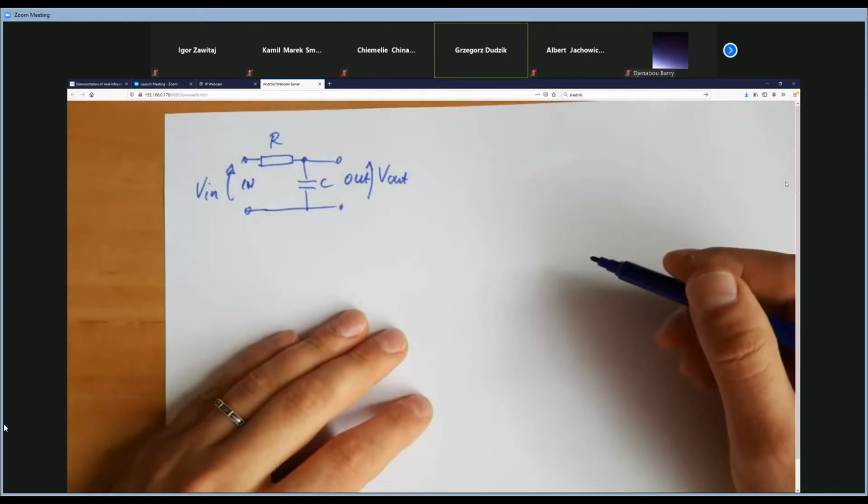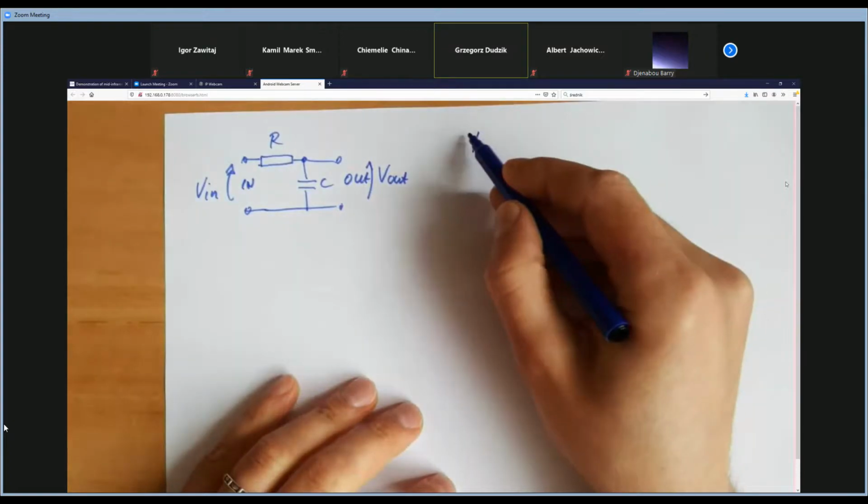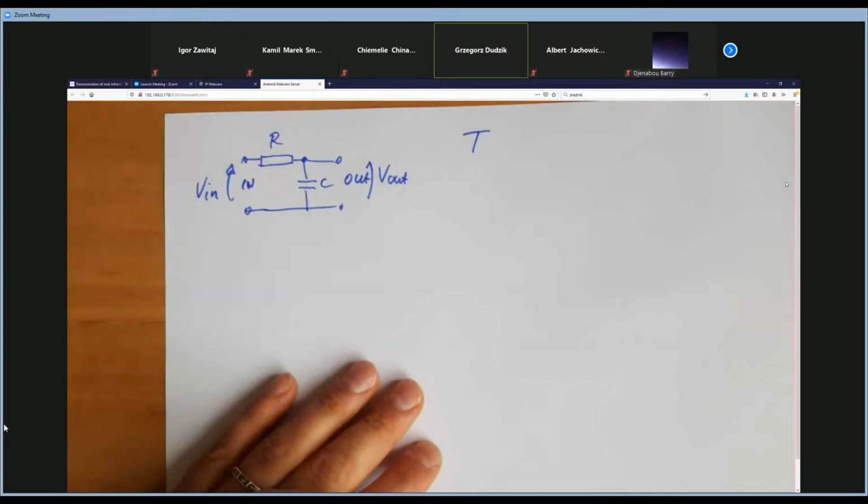The first thing we have to define is the transmittance of the two-port circuit. What is the transmittance of the circuit? The transmittance T shows you the ratio between the output and the input signal.